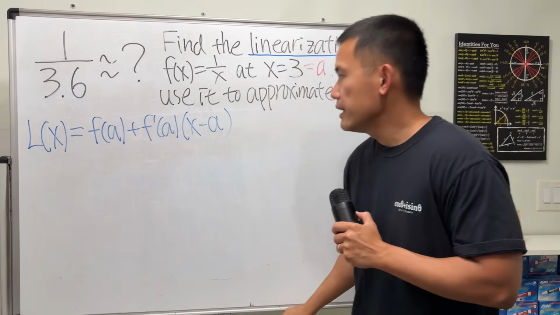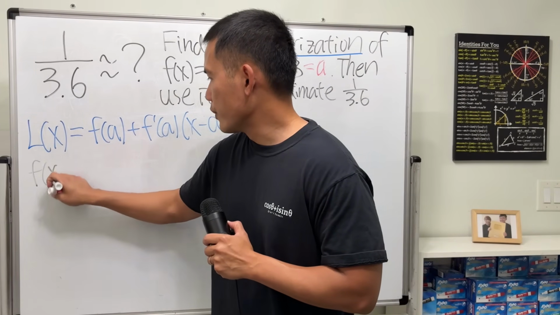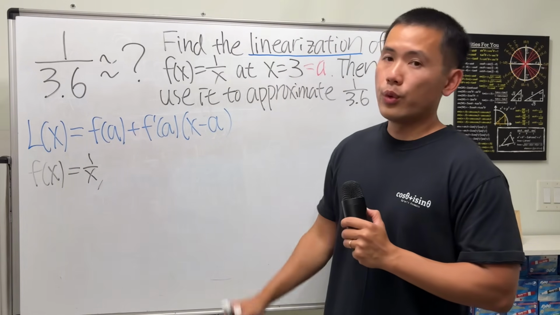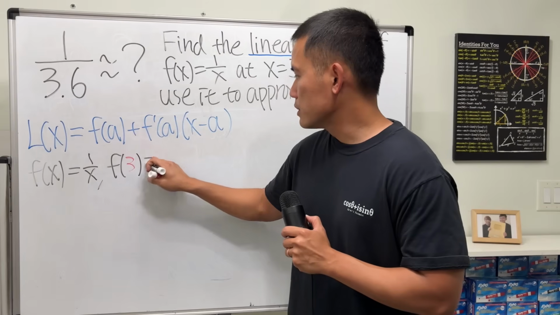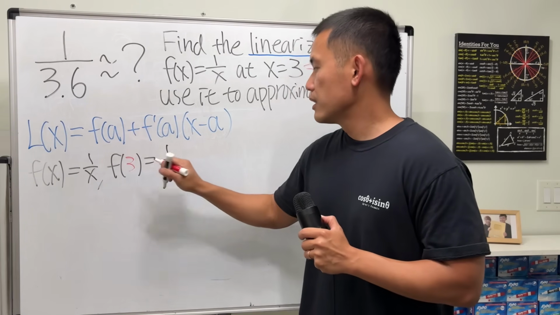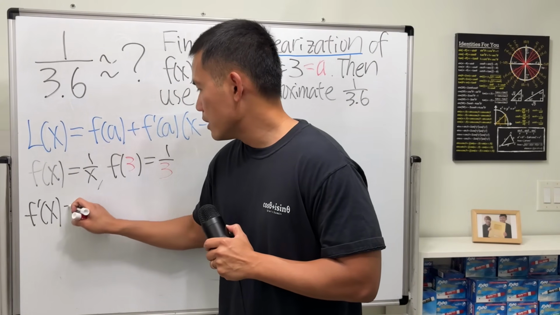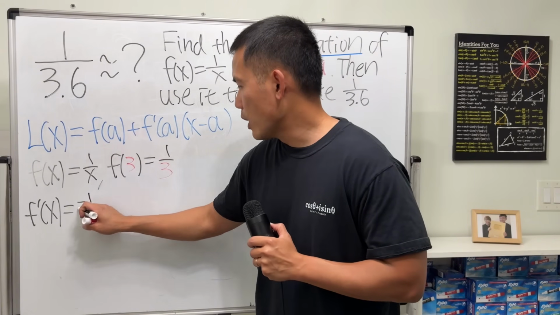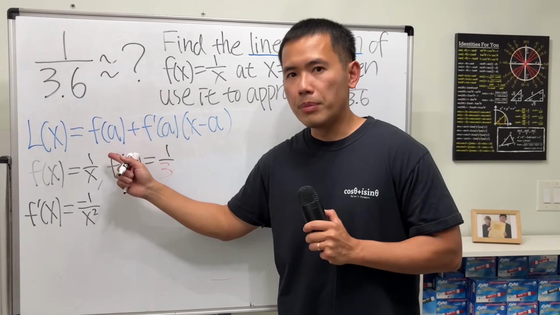Now let's just go ahead and get to work. First, I'll just write everything down right here for you guys. Our function is 1 over x, and a is equal to 3. So we want f of 3, and that is just 1 over 3. Done. Next, we want the derivative. The derivative of 1 over x is negative 1 over x squared. You can write this as x to the negative 1 power.